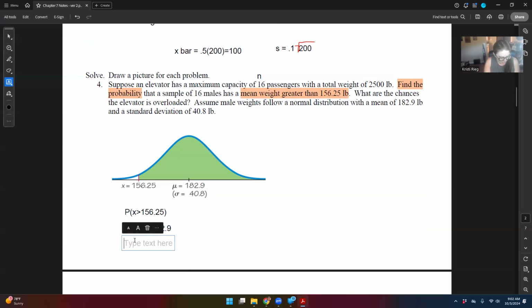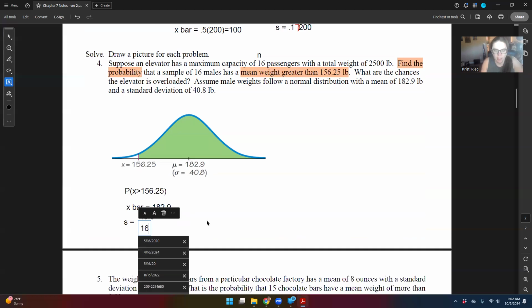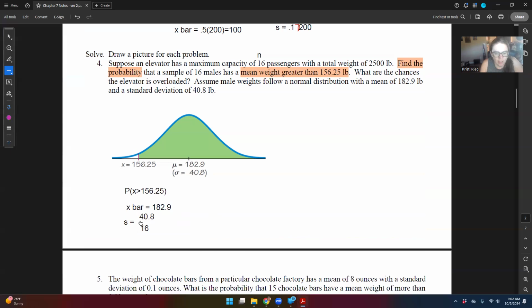And finally, I know s is equal to 40.8, so sigma, divided by the square root of n, which we talked about above, was 16. So I'm going to draw in my fraction lines and then get ready for the calculator. Give me my square root back.